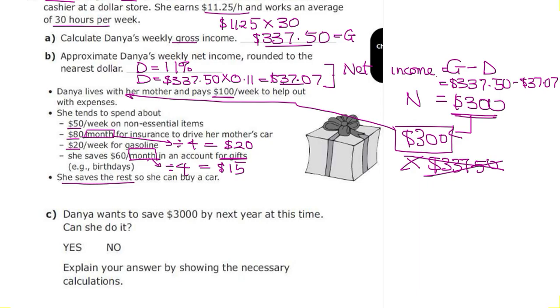So the big question here is, if the person wants to save $3,000 by next year, which means that after 52 weeks the person wants to save a total of $3,000, is it possible for the person to save $3,000 in the next 52 weeks to buy the car after all these expenses are made weekly by that particular person right here?